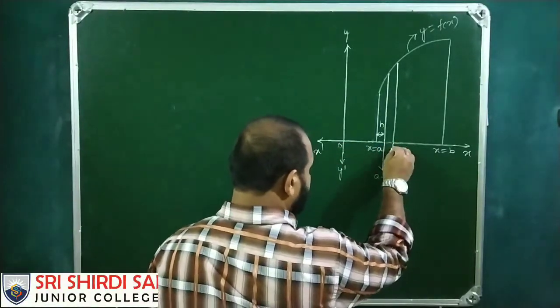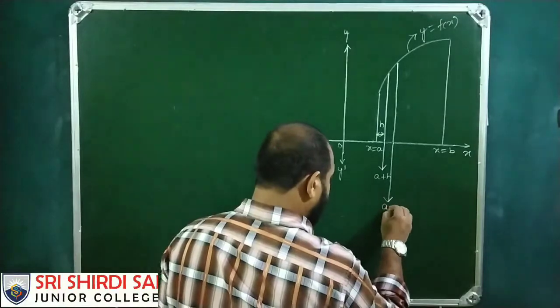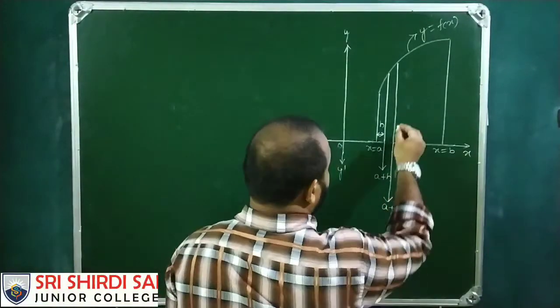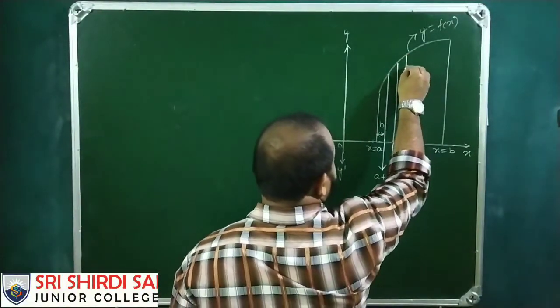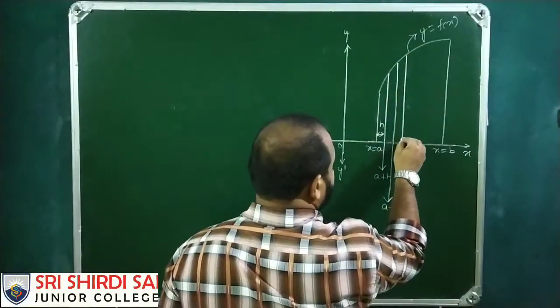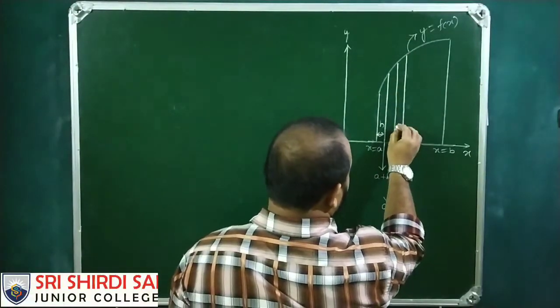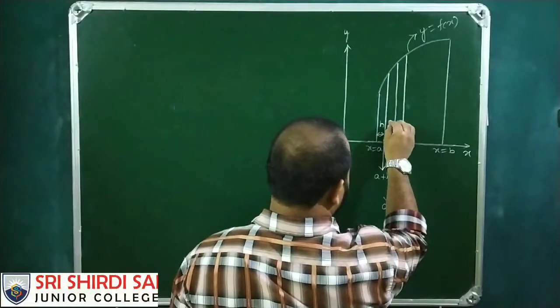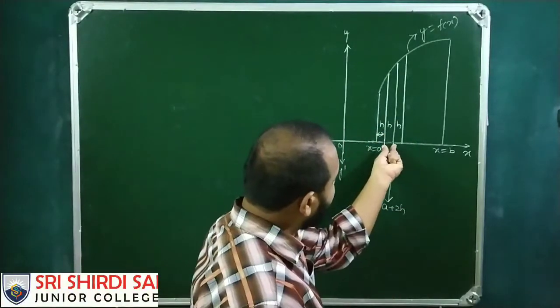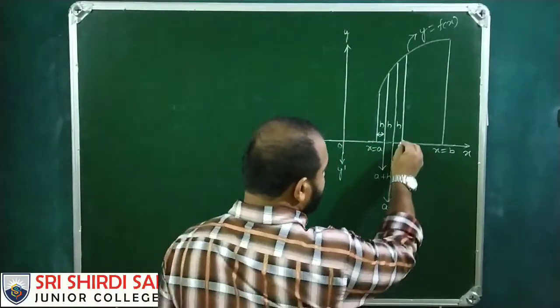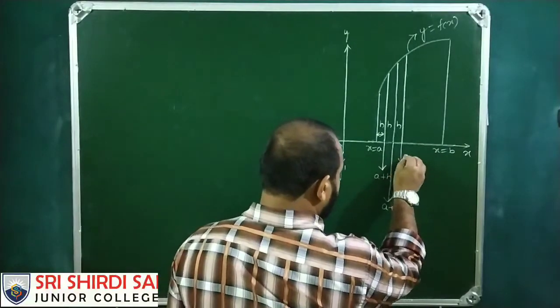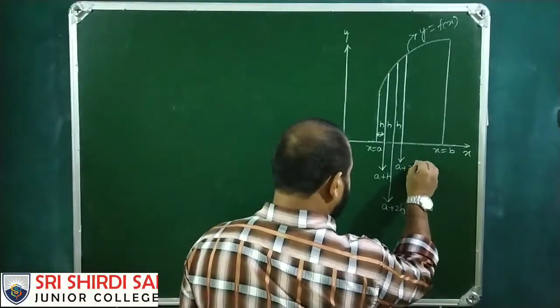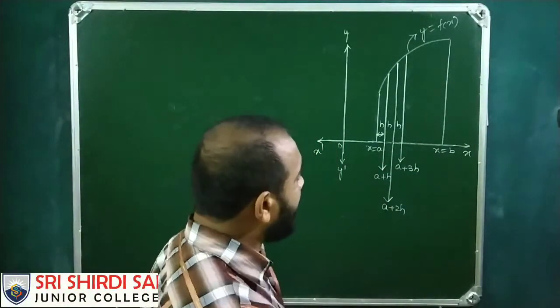And the further one, each having the width h, this width is how much? h, and so this is a plus 3h.